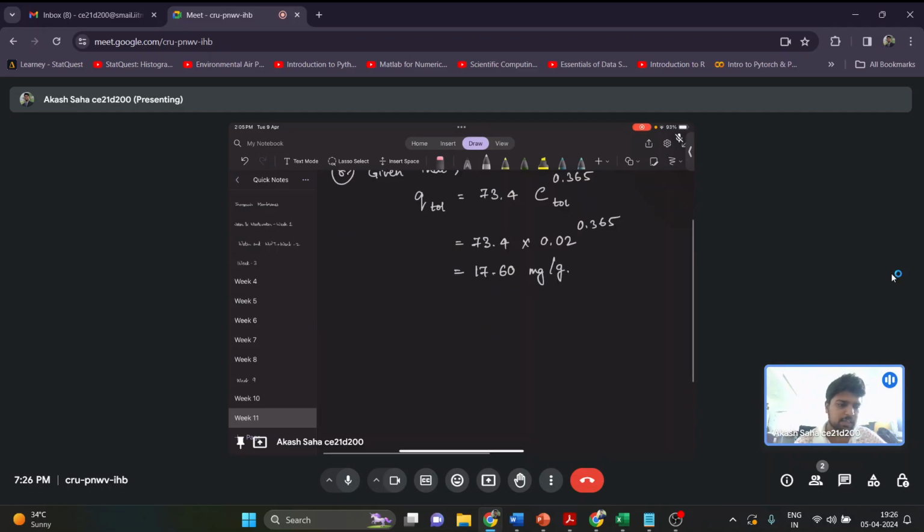Now once we get Q toluene, we will apply the mass balance because the total concentration of the toluene will be conserved in the system. Okay, first it was totally in the liquid, then it gets partitioned into the liquid and the solid phase.